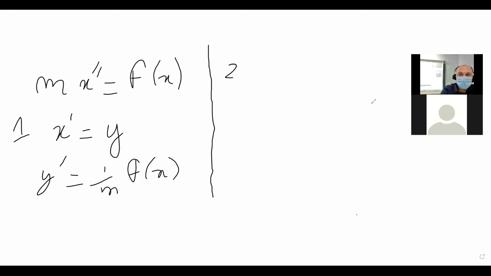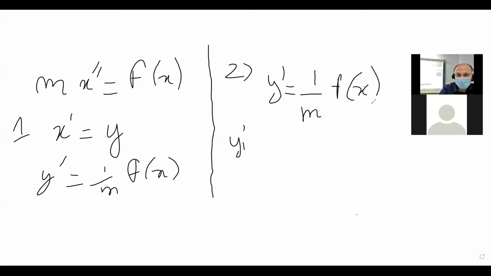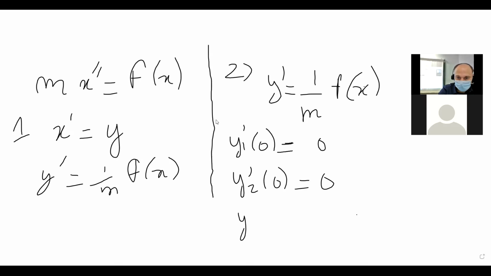I'm going to use the fact that y prime equals 1 divided by m times f of x, which gives f of x is 0, 0, minus mg for the last component.